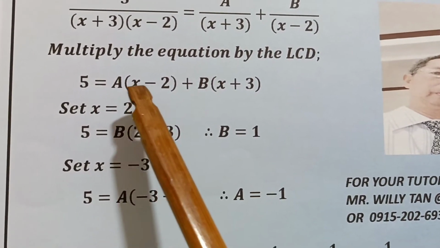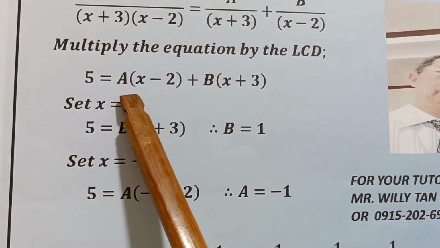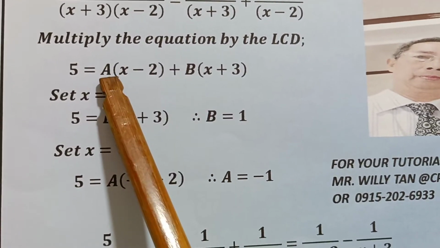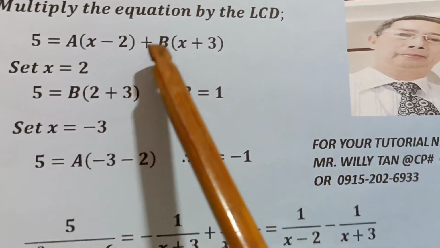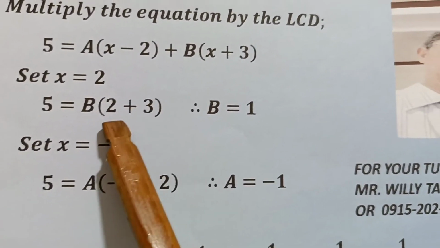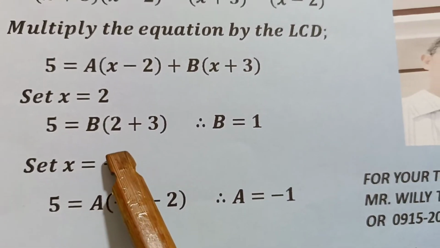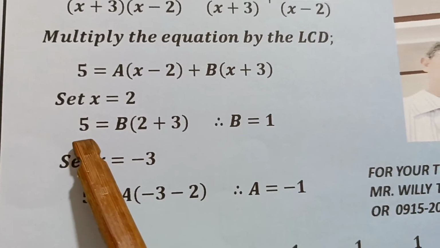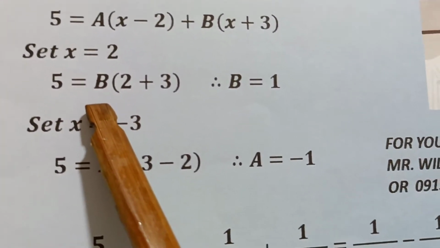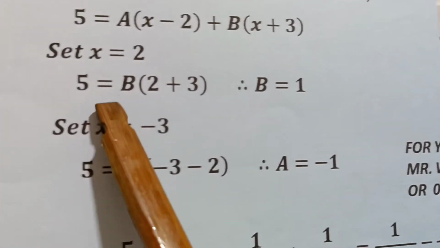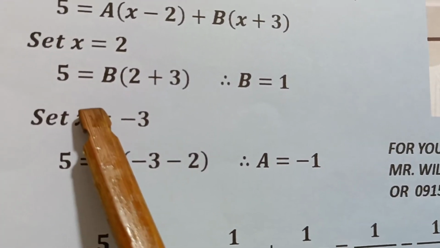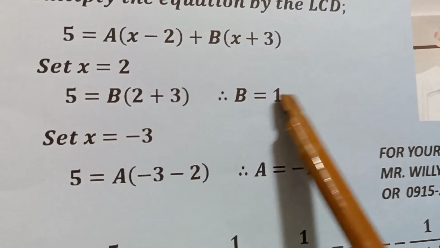So we set x is equal to 2. Doing that, we cancel out a, since 2 minus 2 is 0. And what remains is b times quantity x plus 3. So we multiply b times 2 plus 3. 2 plus 3 is equal to 5. So we have here 5b is equal to 5. So the value of b is equal to 1.